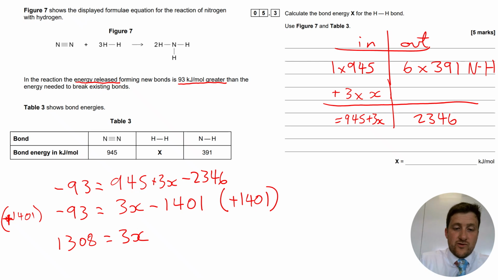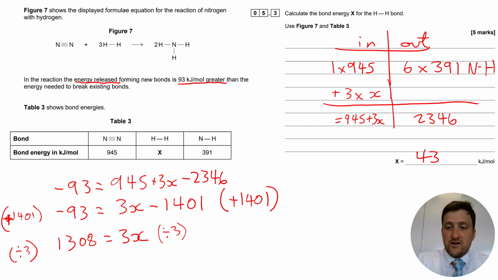I'm going to divide by 3 both sides, and I'm going to end up with my answer being 436 is the bond energy required to break 1 bond of hydrogen.